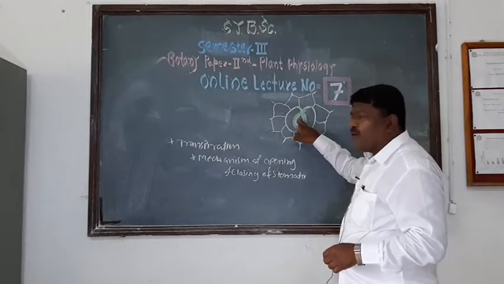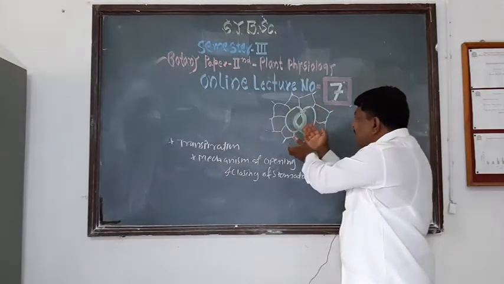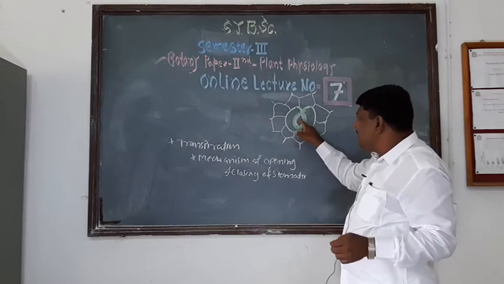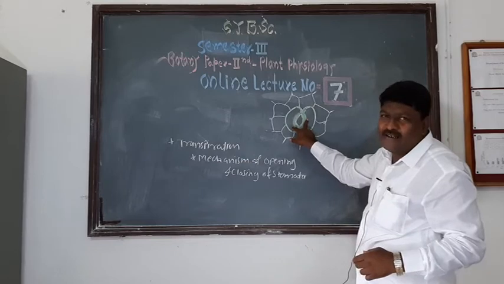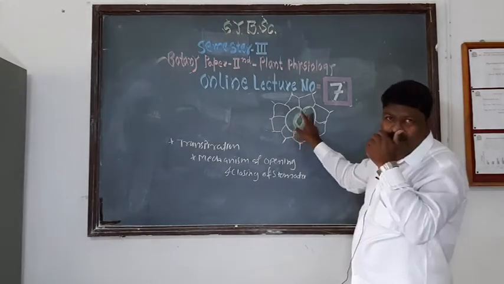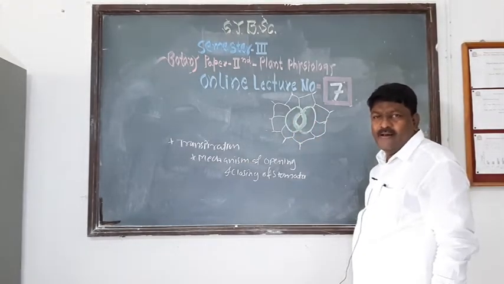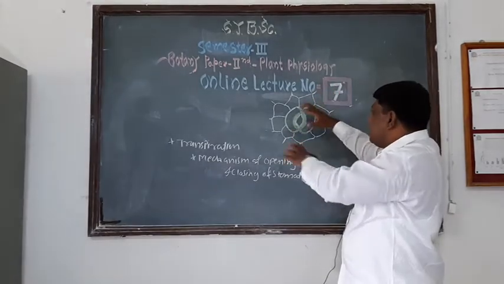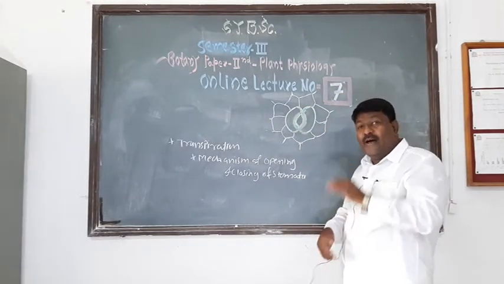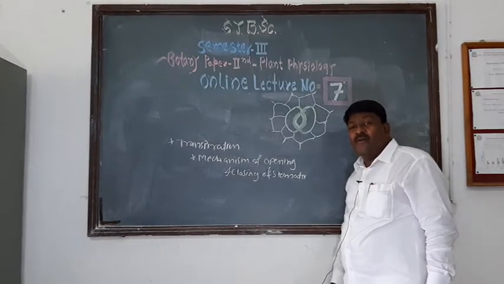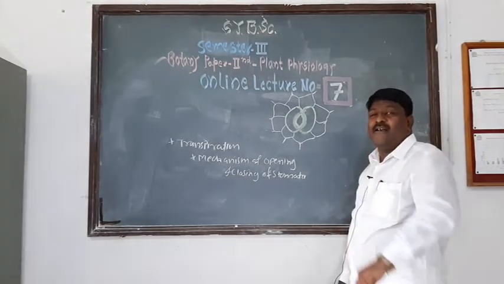This is a pore, or opening, and the opening is guarded by two kidney shaped cells, and these cells are called guard cells. Outside the guard cells there are other subsidiary cells. We already studied that.